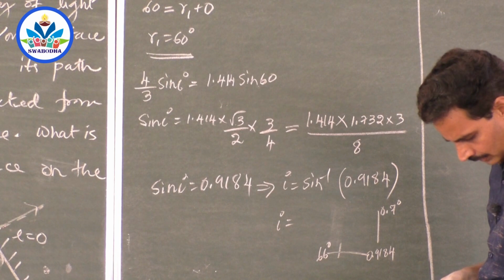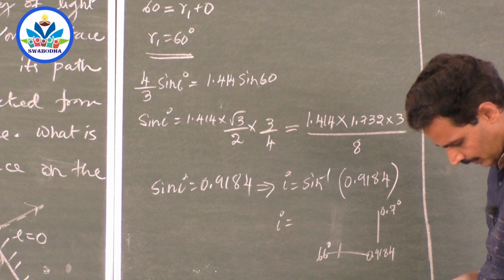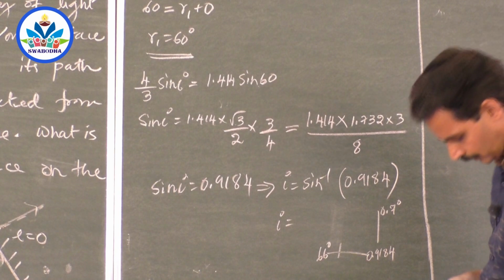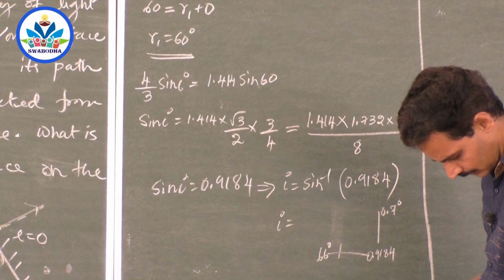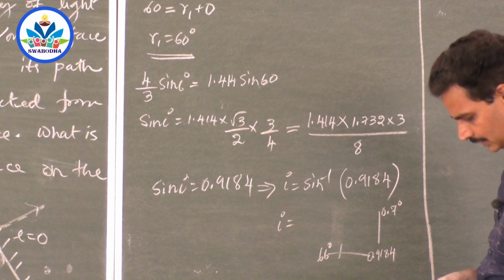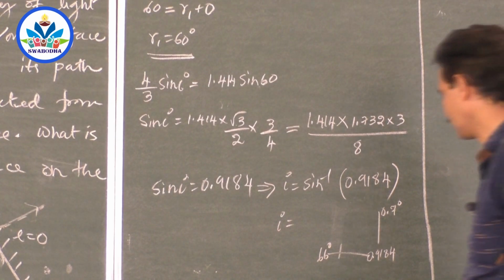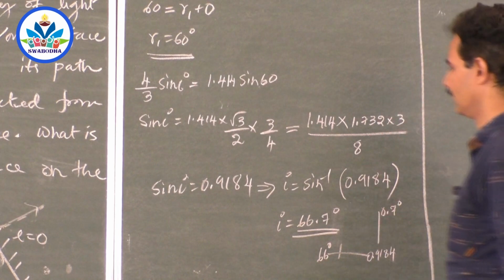Is it so? In my log table it is so. In all the log tables it will be the same. 0.9184 is found at almost 66 degrees and 42 minutes, that means 0.7 degrees. So shall I write it as 66.7 degrees. So this is the angle of incidence.